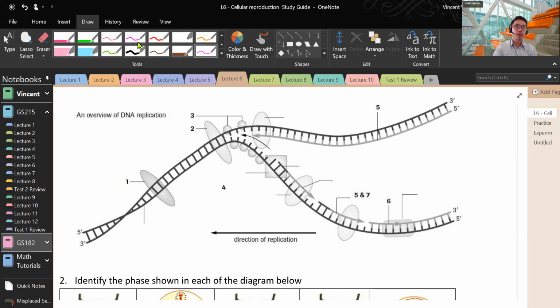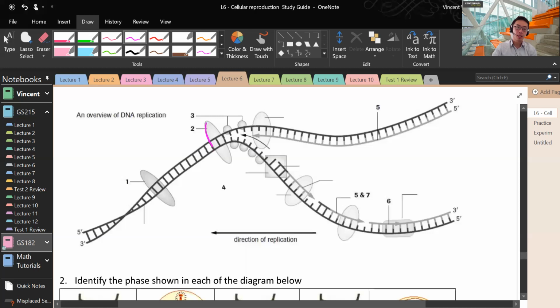Yeah, that's right. Right here, number 2. That is the helicase. The helicase is going to create a replication bubble, and this location here is called the replication fork. And then it will keep on moving along this way to open up the DNA more.